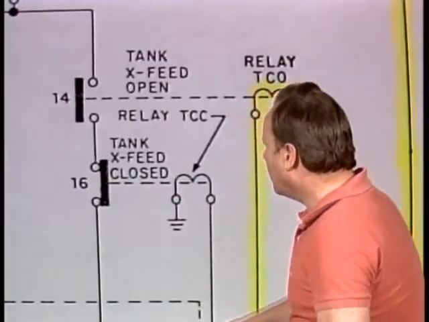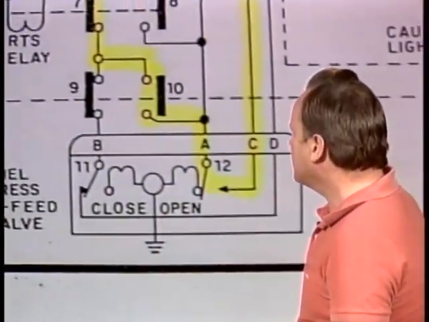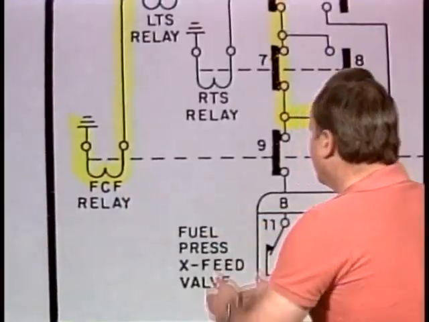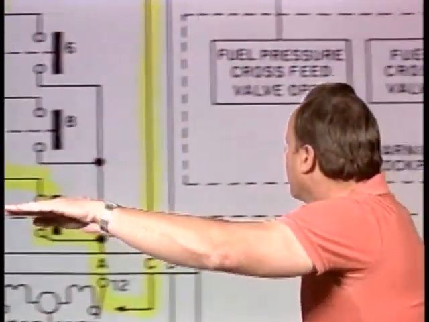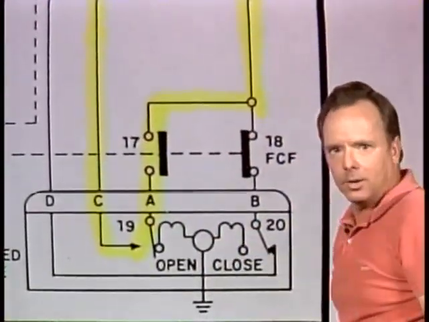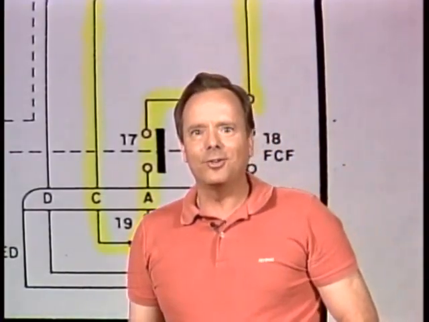If you go back in the lower left-hand corner, you can find out why that happened. When you turn crossfeed on, the FCF relay is activated, and that pulls this whole bar of switches all the way across and activates that particular relay at the top, which was the TCO relay. See? Nothing to it.